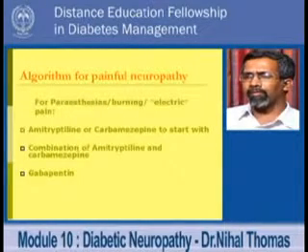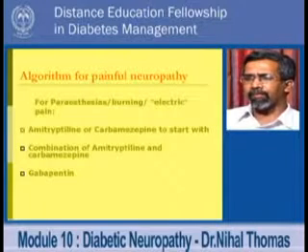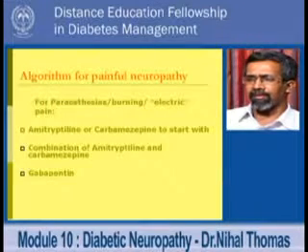The algorithm for painful neuropathy basically looks at two types of pain that we see in diabetes: the paresthetic, burning, electric, shock-like pain, which responds best to either amitriptyline or an anticonvulsant.